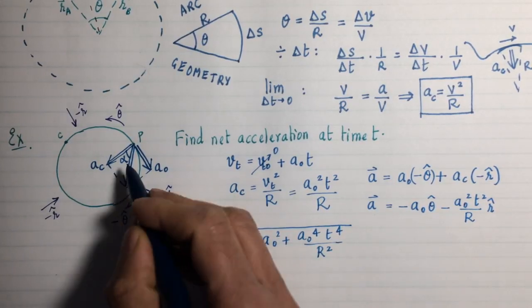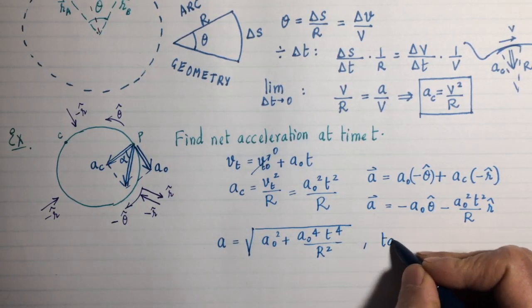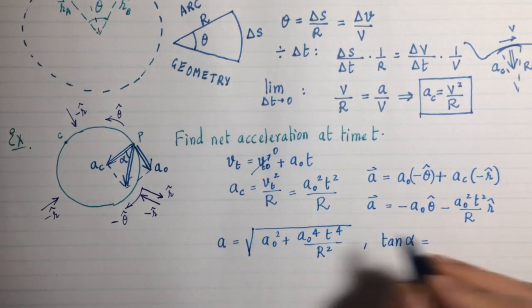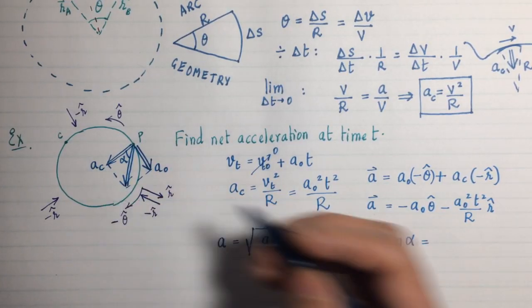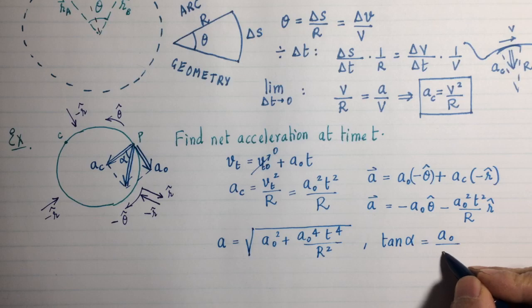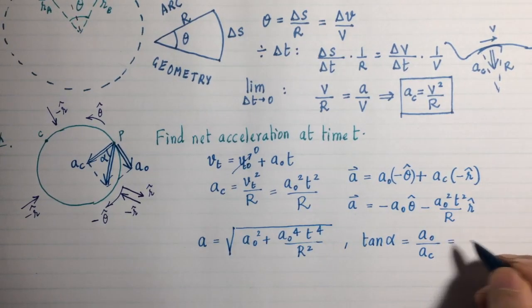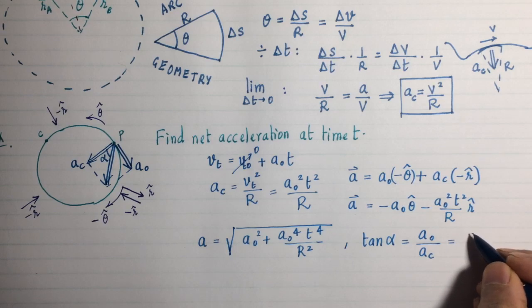You can also go ahead and find alpha if you want, using tan alpha. So tan alpha is going to be the opposite side, which is a naught, over the adjacent side, which is a sub c. And the magnitudes of a naught and a sub c are known to us. It's over there.